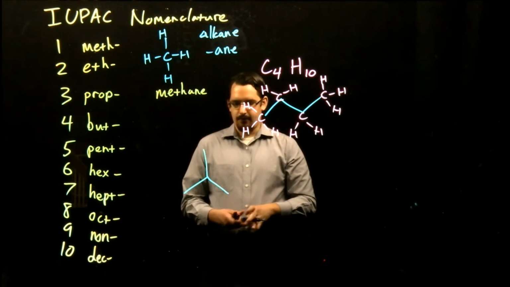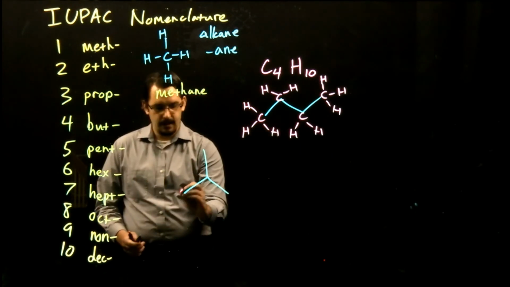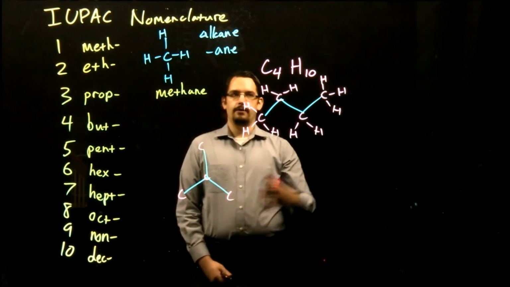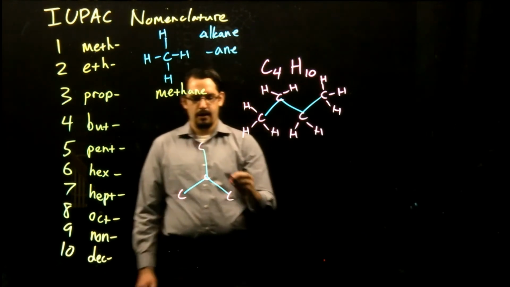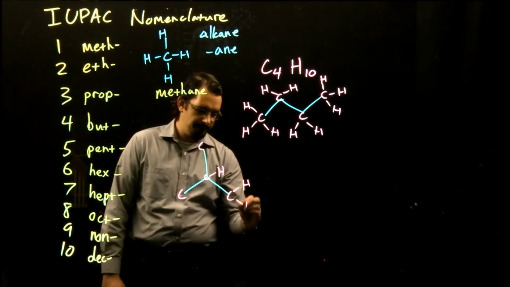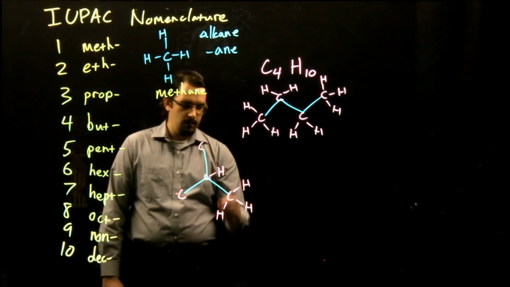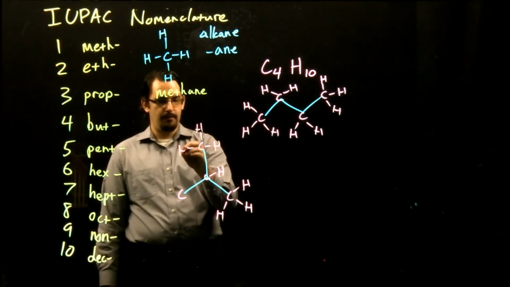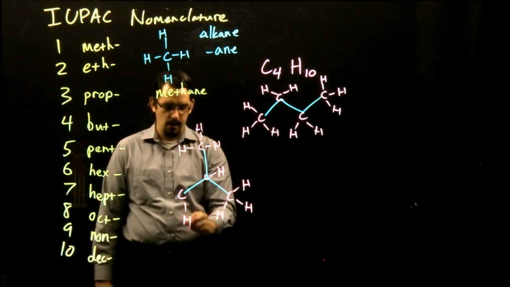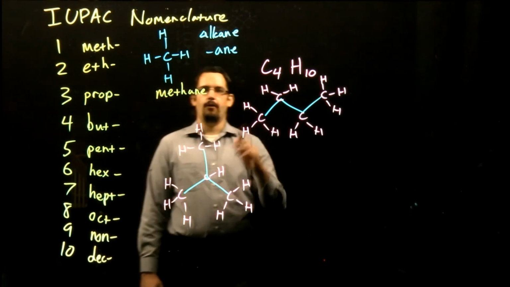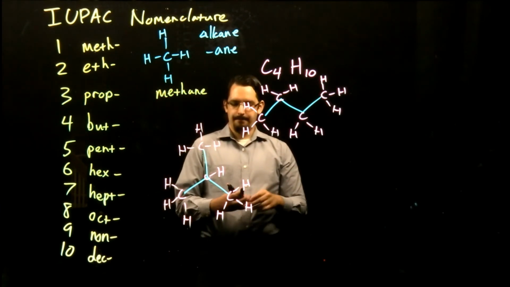So we still have our 4 carbons, represented again at each vertex, and we would still also have our 10 hydrogens, as indicated by our generic alkane formula. But our bonds and our connectivity for our molecule is different here than it was with our C4H10 molecule that we drew before.